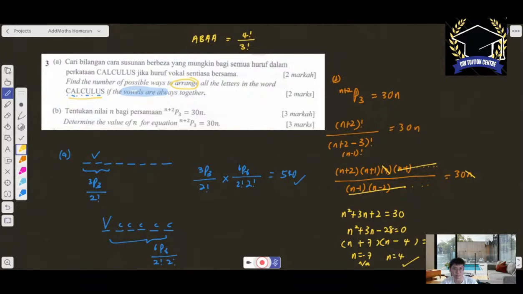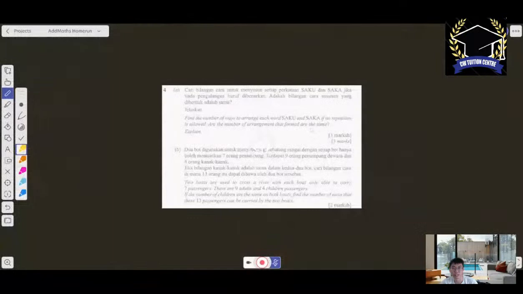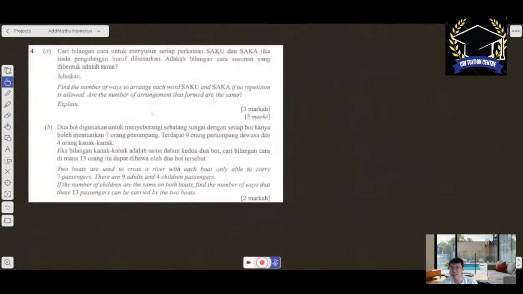Question 4. If you see the words find the number of ways to arrange, again confirm it's permutation. Arrange SAKU. In SAKU, all the letters are different, so SAKU is 4P4. Very easy. So you get 24. And then SAKA. SAKA is S-A-K-A.